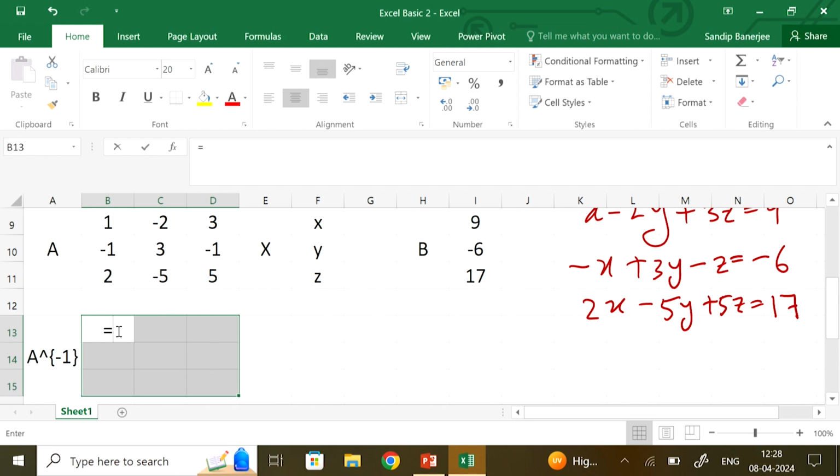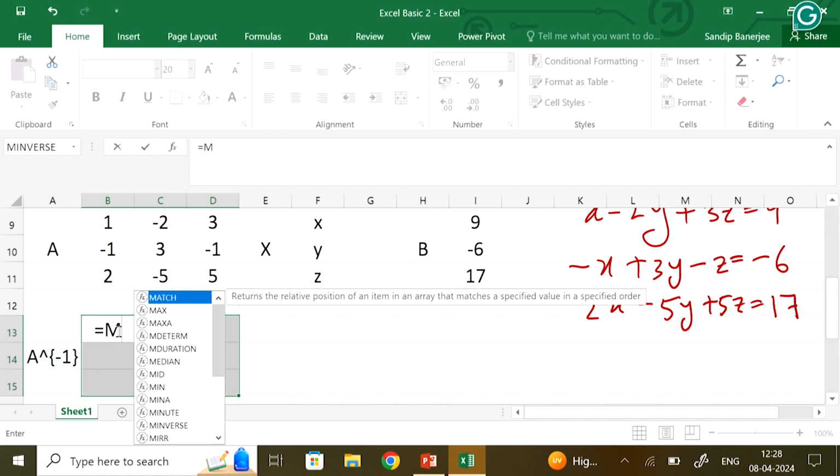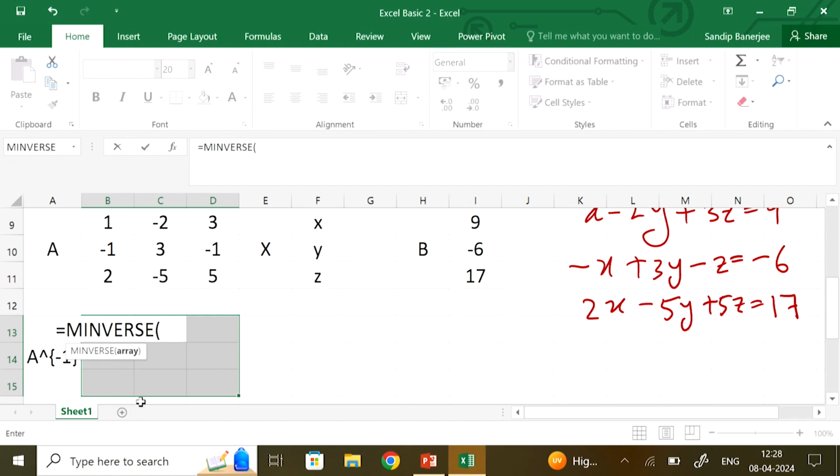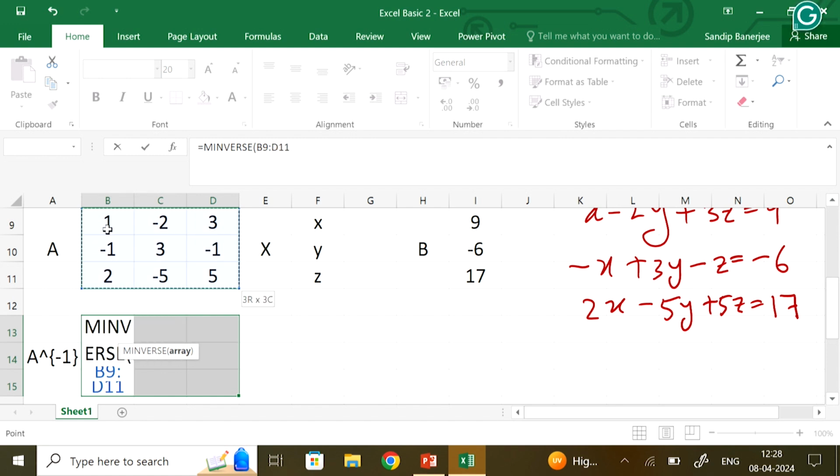I put an equal to, then type M inverse, here it has come already. I choose this matrix. So, you click, one cell is highlighted, press the shift, move the cursor to choose the whole array.